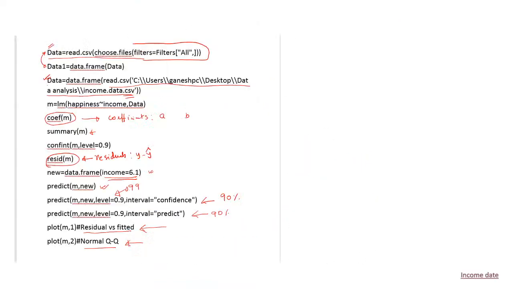So if you want to plot these two diagrams in a single graph paper, then you need to use this command par mfrow within bracket c2 comma 1. If you use this command, this means your whole graph paper is divided into two rows, okay, two parts.